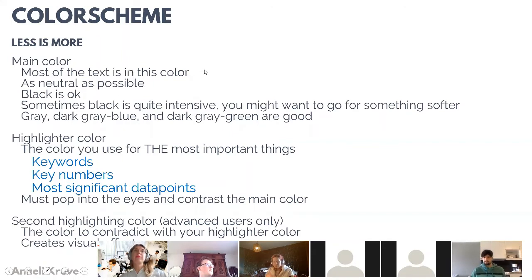No. Okay. So let's talk a bit about color schemes as well. This slide is not a good slide to present on a conference or on a defense, first of all, because it has too much text.